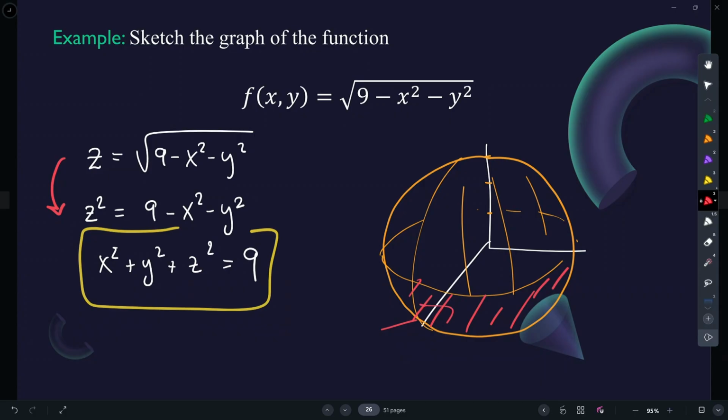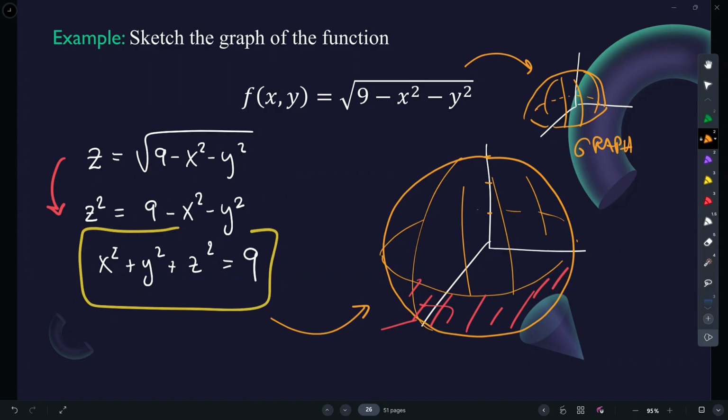But the graph itself will be just the top hemisphere. This is that sphere. The graph is just the top hemisphere.